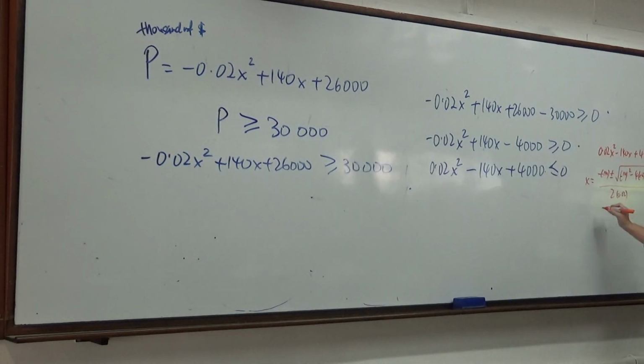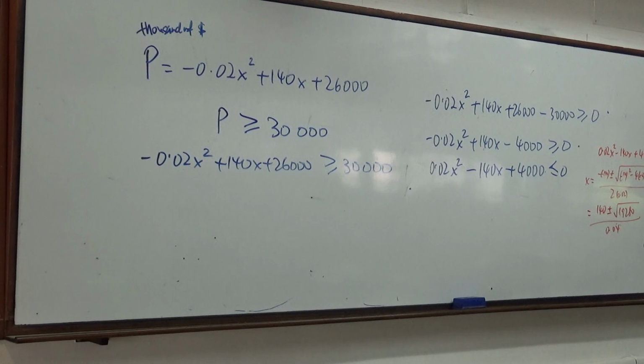Okay. Now this will give me 140, right? Because negative and negative become positive. Plus minus. Okay, I want to know what's the square root. Inside is 19280 over 0.04.